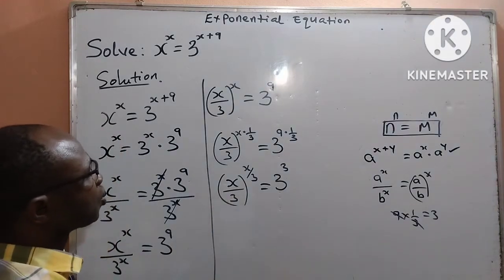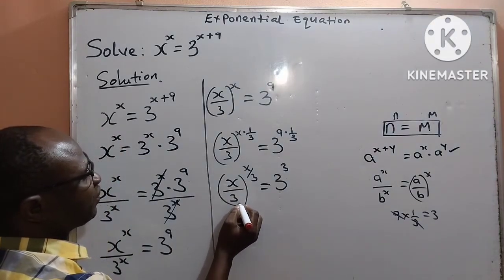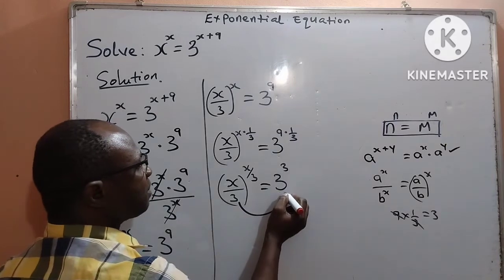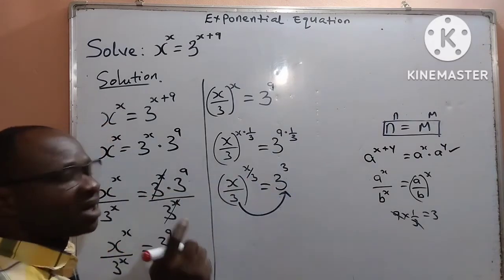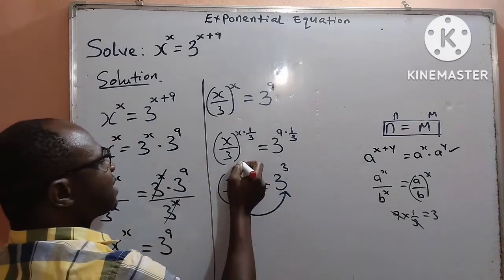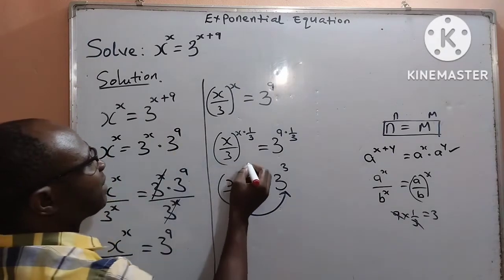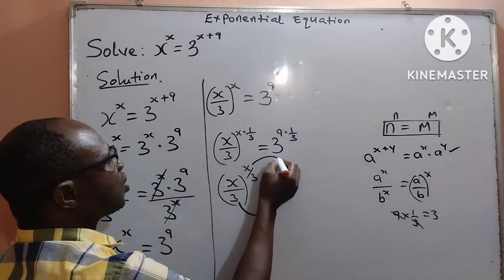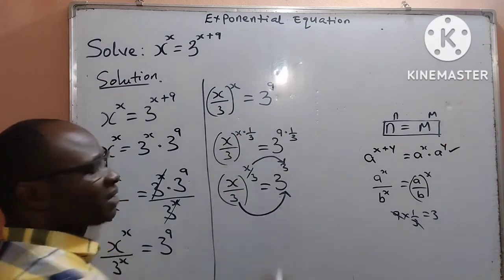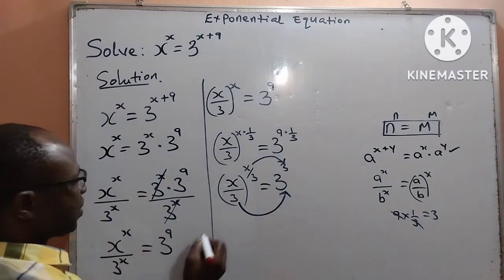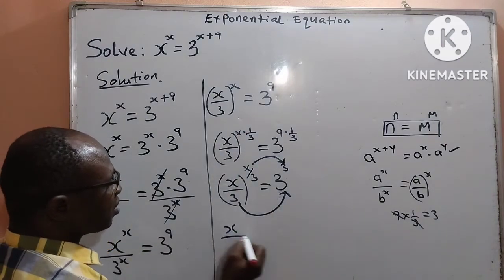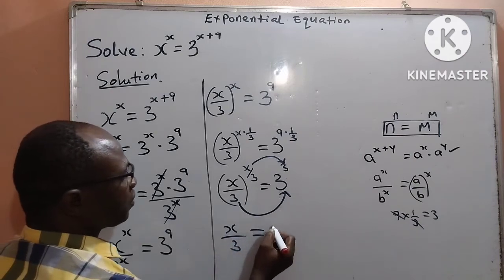Therefore, I can conclude that this base, which is x over 3, is equal to the base here, which is 3. And if you like, x over 3, which is the exponent on the left hand side, is equal to the exponent on the right hand side. Therefore, we can now write that x over 3 is equal to 3.